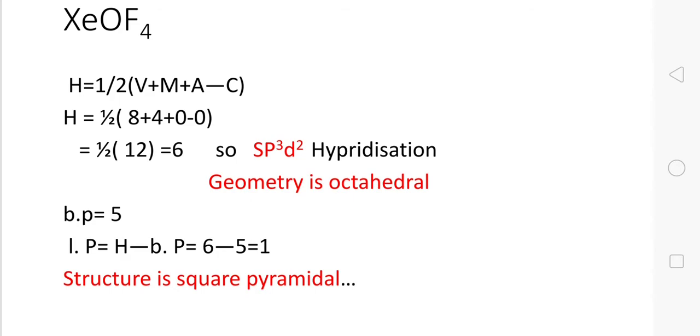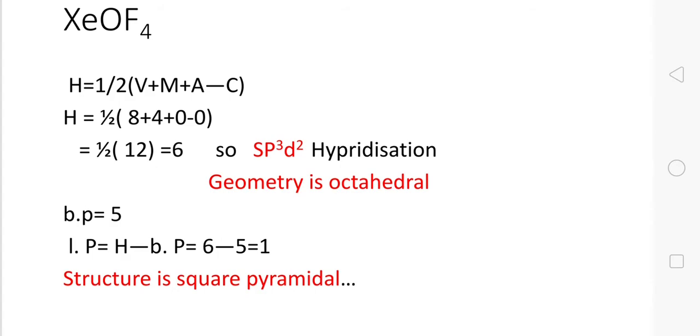So the bonding pair is 5. For lone pair, hybridization number minus bonding pair: 6 minus 5 equals 1. So we have bonding pair 5 and lone pair 1. So the structure is square pyramidal.